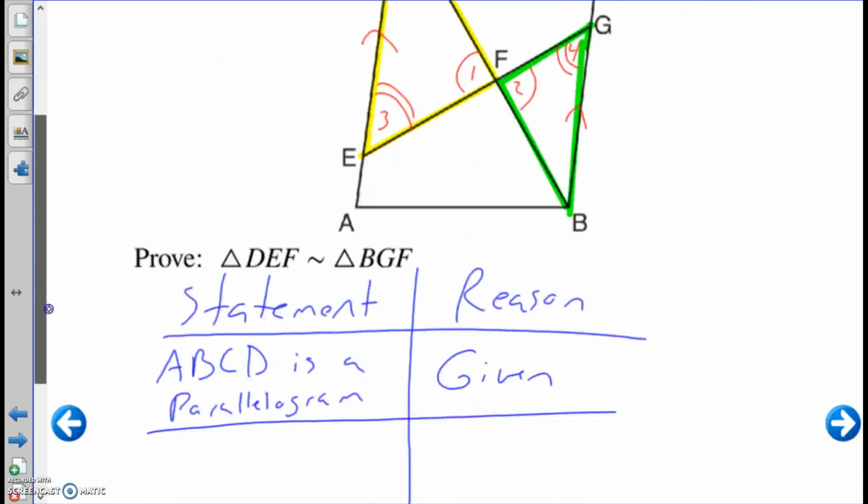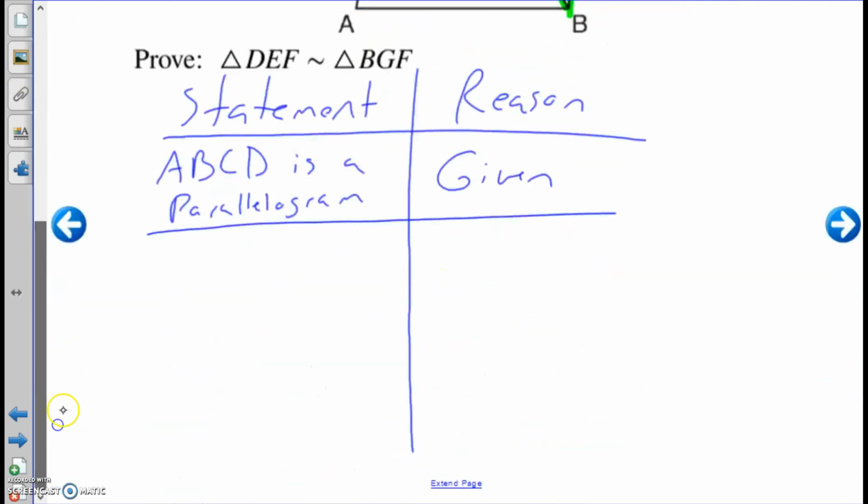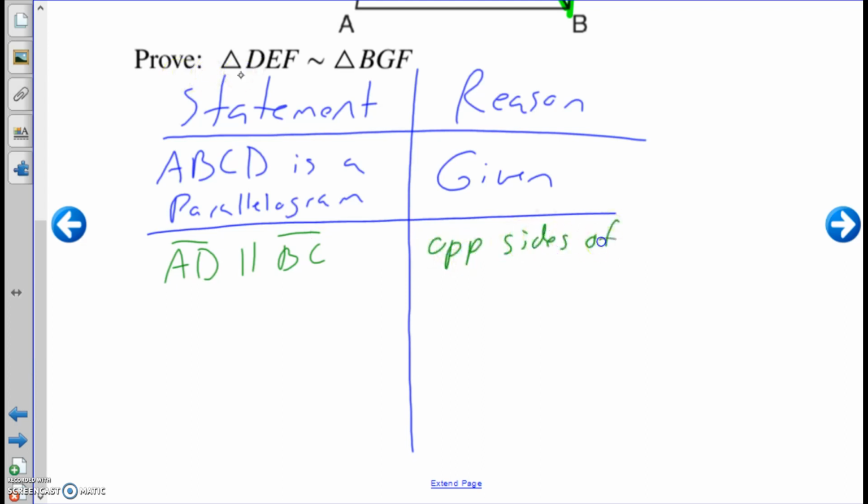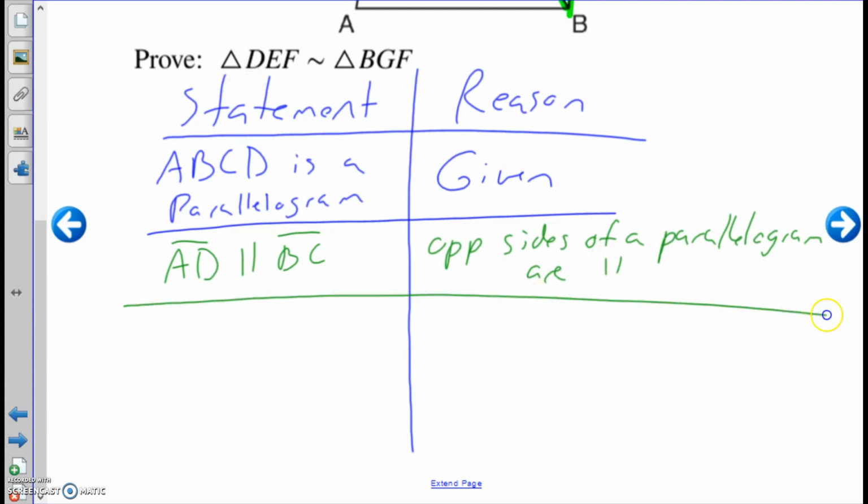That's okay. And so because of that, I can say AD is parallel to BC because the opposite sides of a parallelogram are parallel.